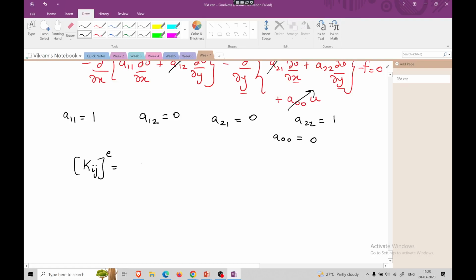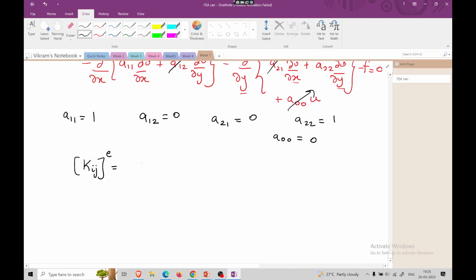So what is my dou psi I by dou x? It will simply be beta I by 2a. What is dou psi j by dou x? It will be beta j by 2a. What will be dou psi I by dou y? Gamma I by 2a.